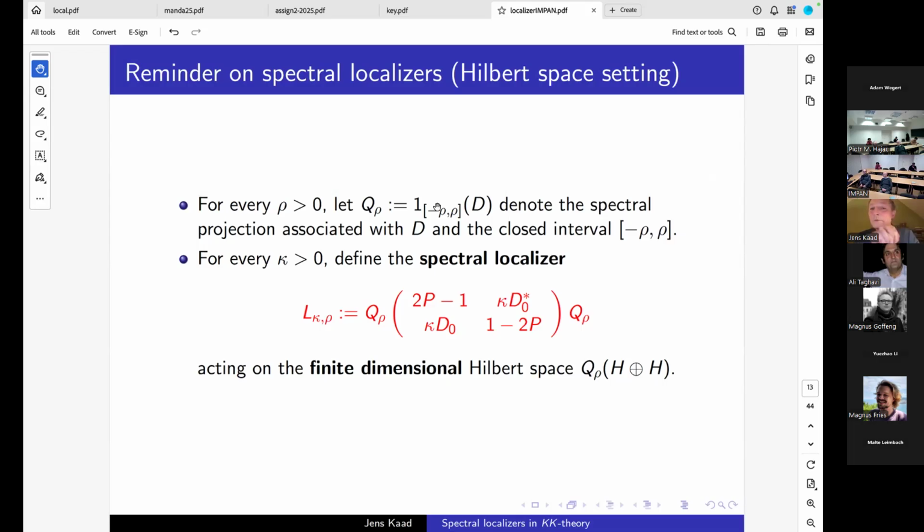So instead of working with curly A, you could cut down your coordinate algebra by multiplying it on both sides with one of these spectral projections. If you do that, you get an operator system. And it's a very good question how much of the K-theory of the C-star algebra you can see by only looking at these operator systems.